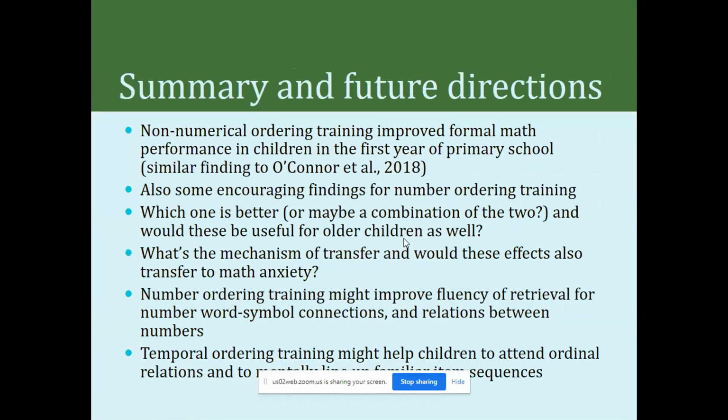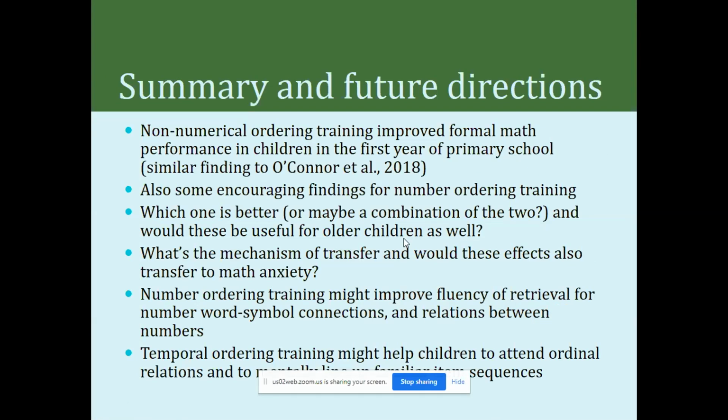Okay, so what we can say based on this study, although it's really a weakness of this study that we had quite a low sample size in the training group, is that we had a significant and quite clear large effect in the non-numerical or daily events ordering condition. So we can say that there's evidence that it has a causal role in the early development of formal math skills.